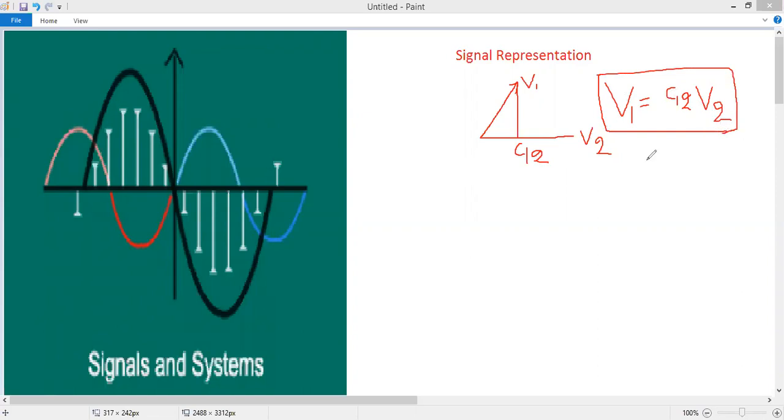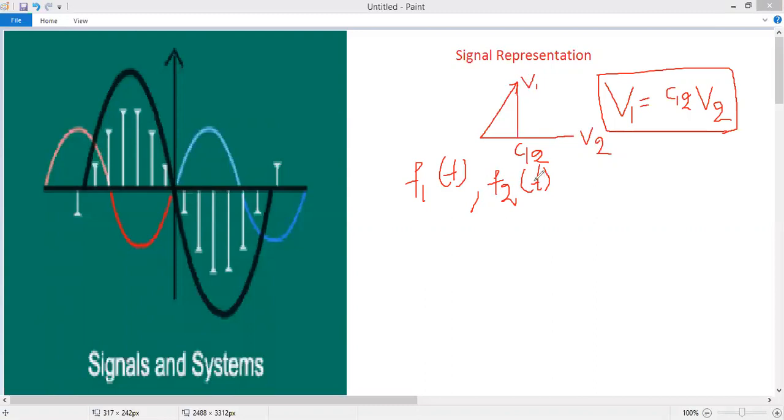Suppose I have two signals, signal number 1, f1 of t, and signal number 2, f2 of t. As we all know, f1 and f2 are the signal names and t is the time.